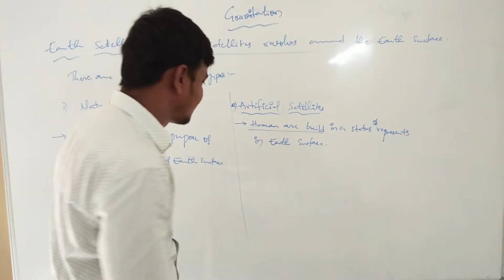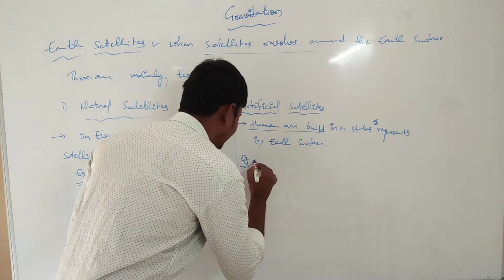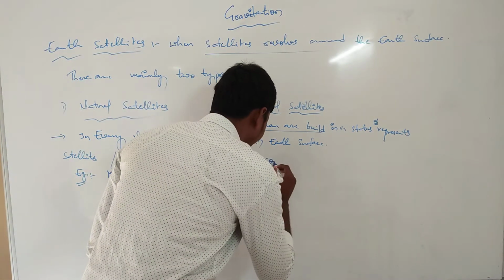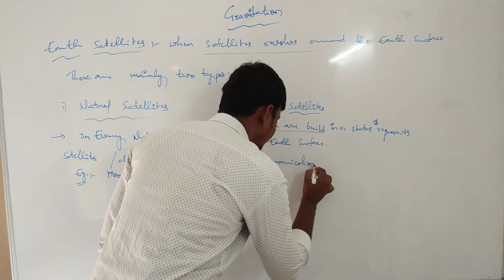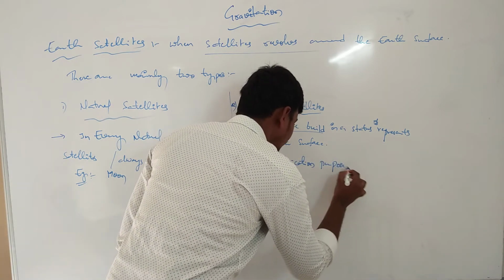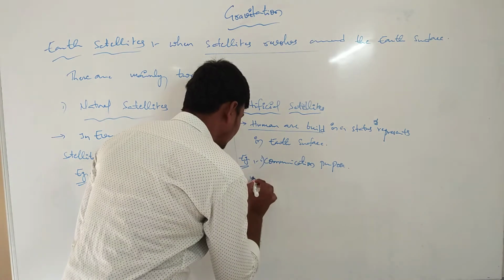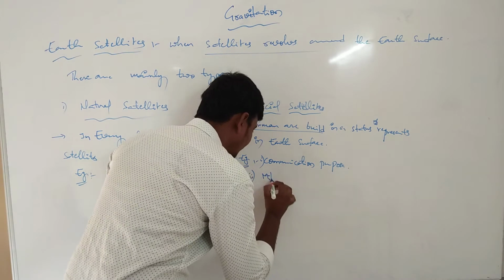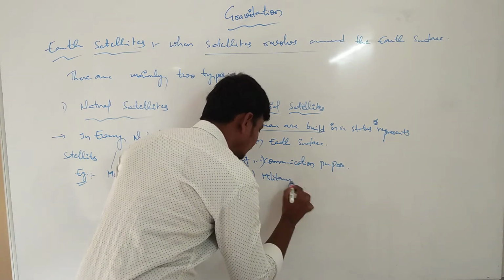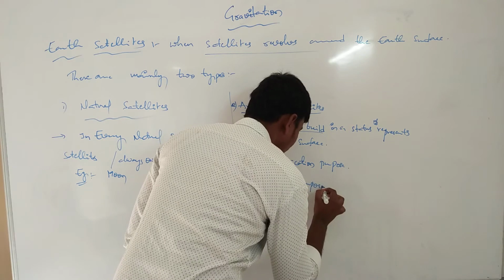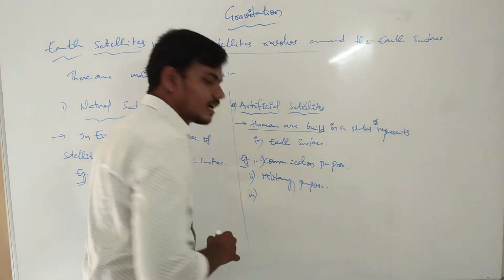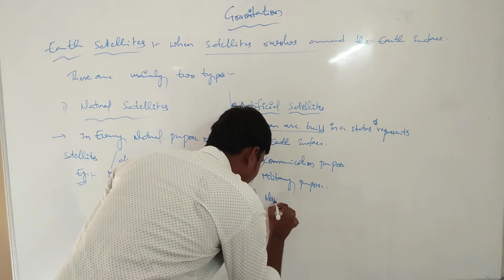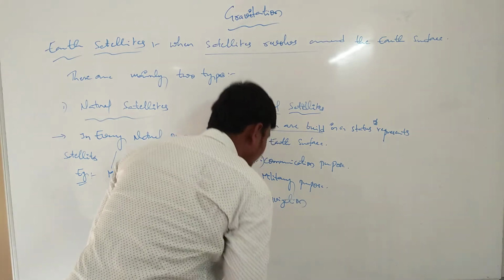Now, what are the best examples of artificial satellites? The first one is communication purposes. The second one is military purposes. The third one is navigation.